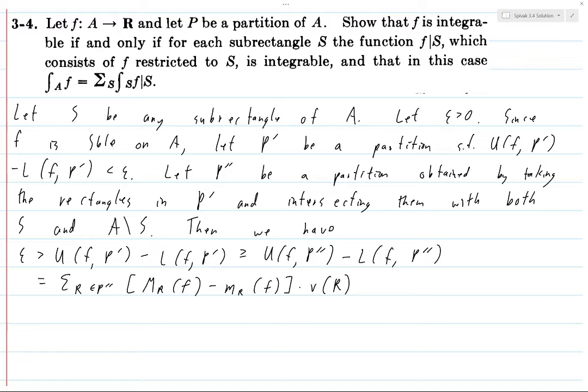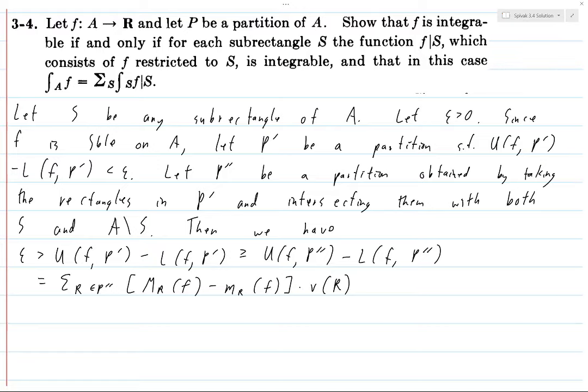So you might have to use a combination of closed and open rectangles. But the point is that the edges themselves can be covered by rectangles of arbitrarily small volume, and so in the end they don't matter.